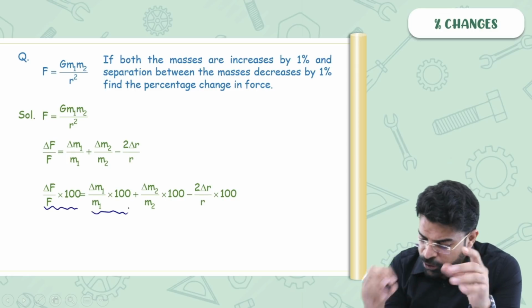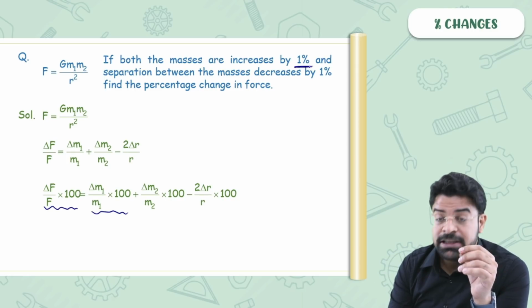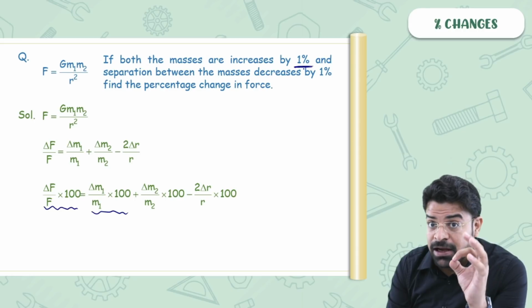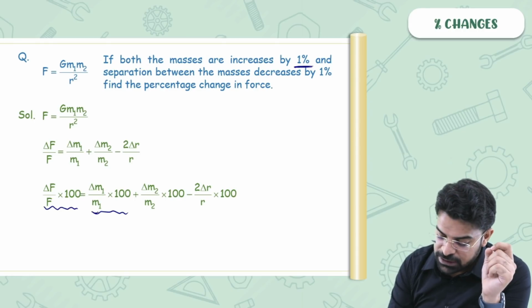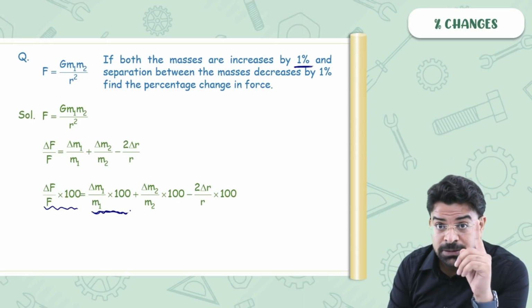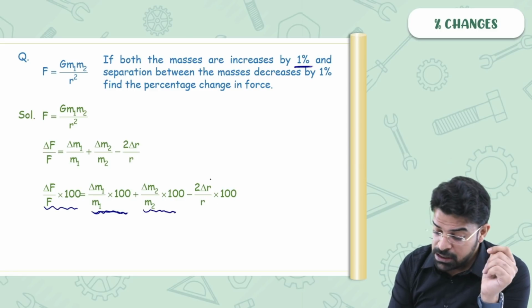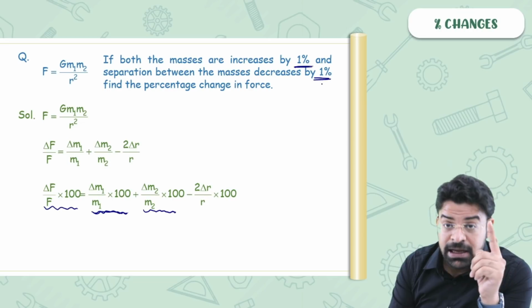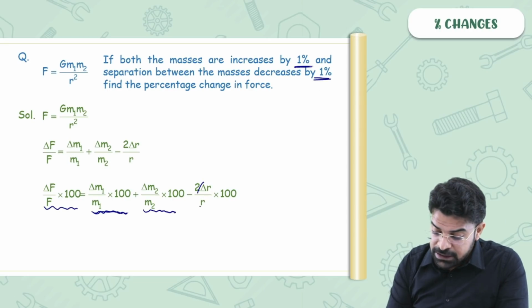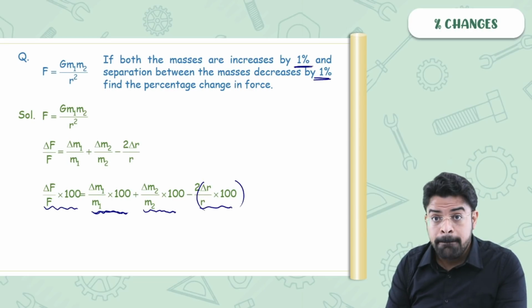Now as per the problem, both the masses are increasing by 1%. If they are increasing by 1%, you will substitute delta m1 by m1 into 100 as plus 1. Similarly, delta m2 by m2 into 100 as plus 1. And the separation between them decreases by 1%, so you will write delta r by r into 100 as minus 1.